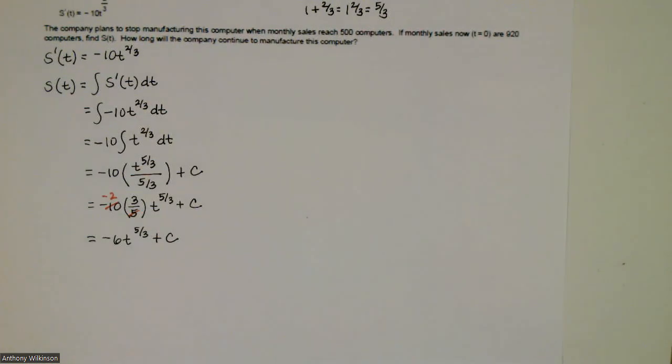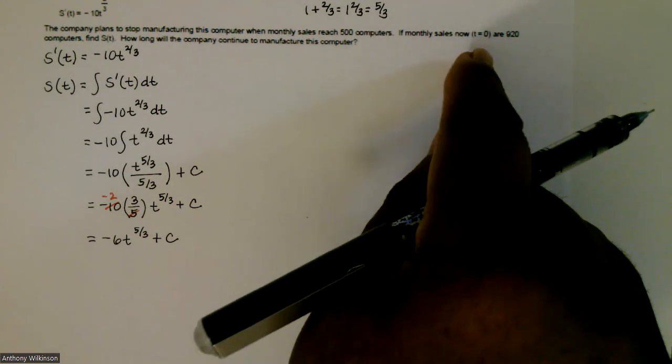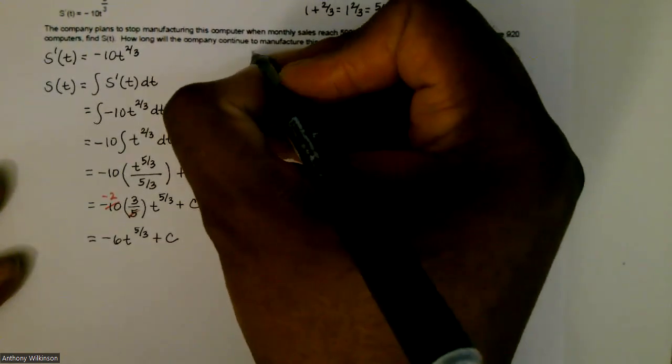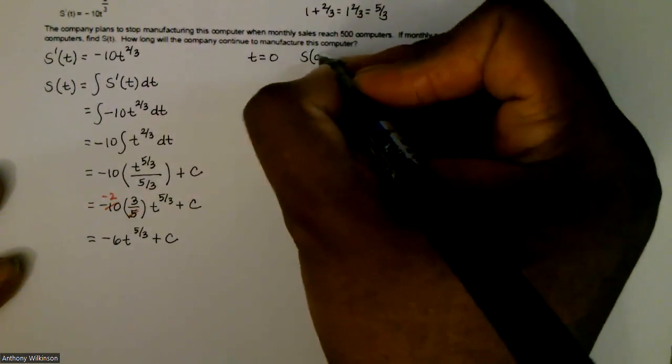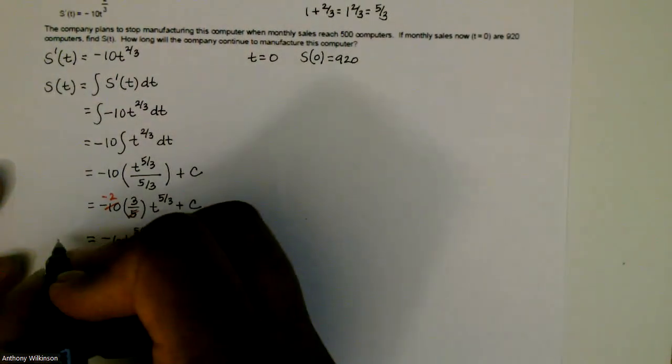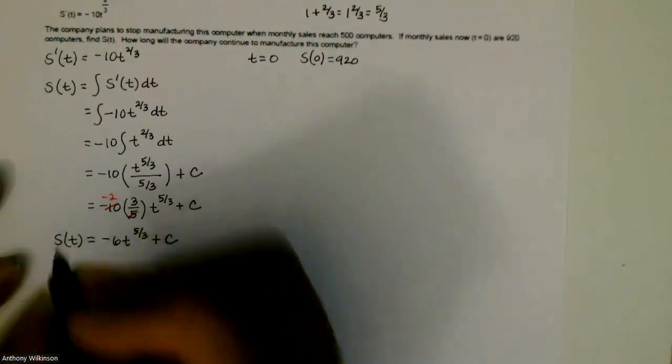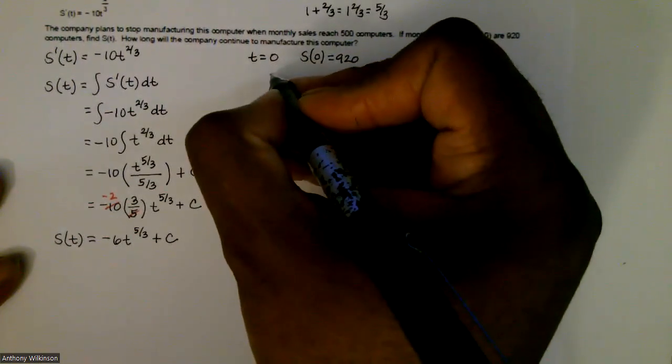Now, let's find, of course, the particular antiderivative. Here we're told that t, monthly sales, t is equal to 0. We have 920 computers, so that means S of 0 is 920. Now we'll bring down S of t here. So that S of t will be replaced, not with 0, with 920.